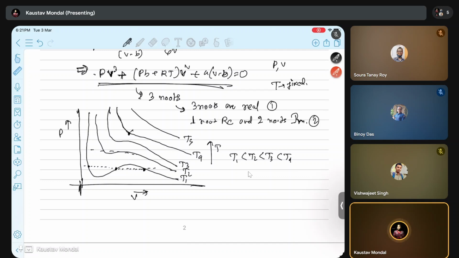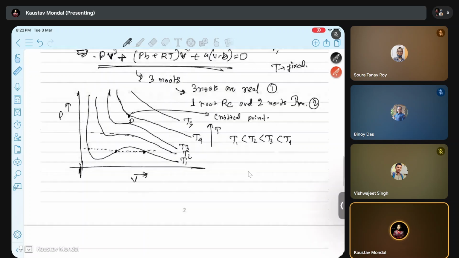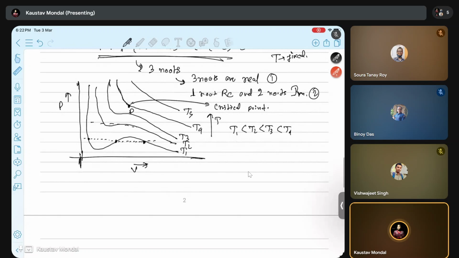This point is known as the critical point. This concept of critical point we already discussed in the last class. This is the minimum point, the temperature, pressure and volume, that is required to make the gas go to the condensed state.